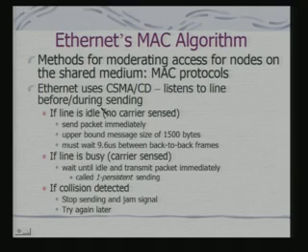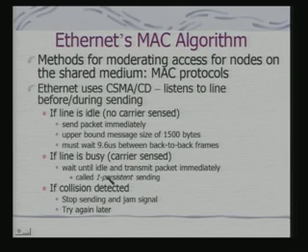So, what is the basic protocol? If the line is idle, that means no carrier is sensed, send the packet immediately. The upper bound of the message size is 1500 bytes and it must wait 9.6 microseconds between back to back frames, because that gives a basic time interval.